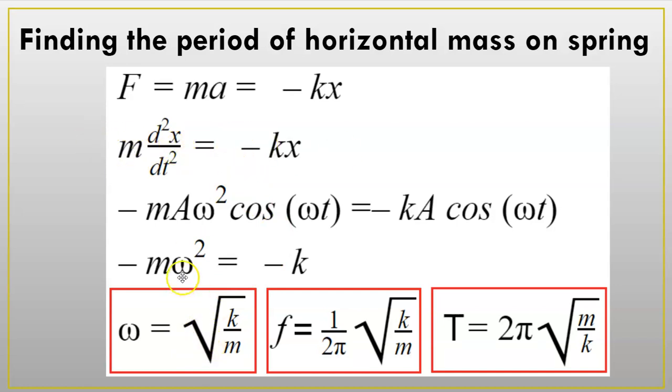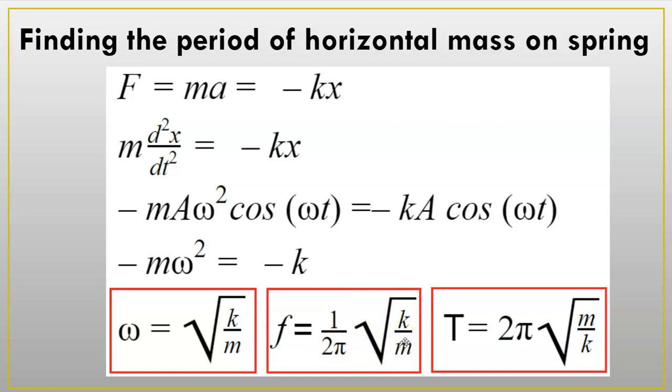All right, we were talking about omega. I'd have to take the square root to get rid of that right there. So omega is the square root of k over m. All right, I know that omega is 2 pi f. So I could change that around and say, well, f would be 1 over 2 pi square root k over m.